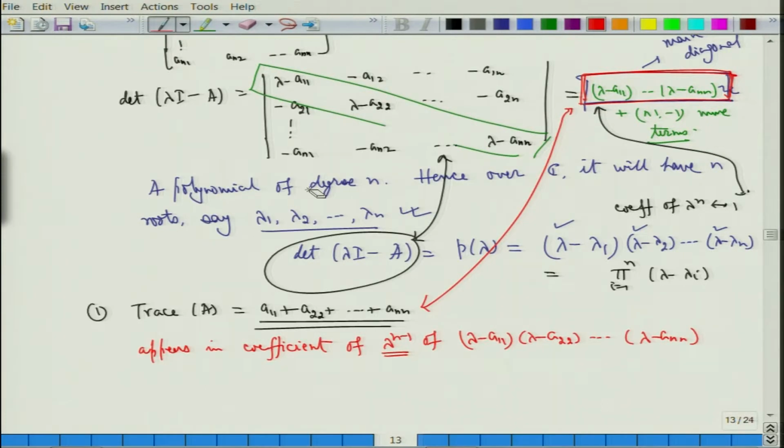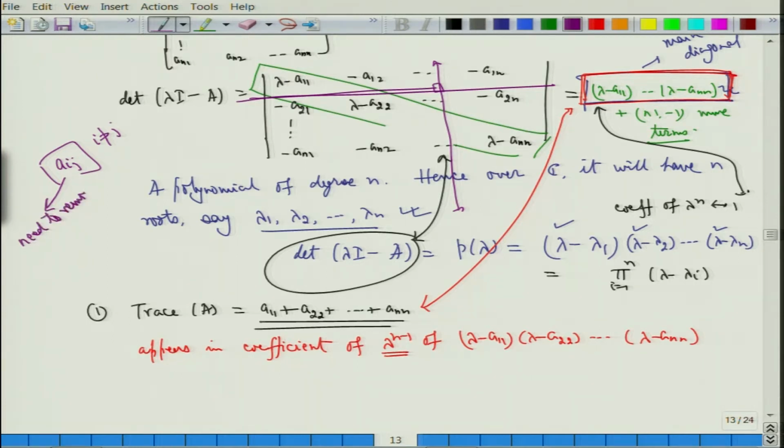So, as soon as I look at any other term here, for example, if I want to look at any term here, then this tells me that I will have to remove this row and I will have to remove this column. This is what the determinant was. Determinant means if I am looking at a term aij, i not equal to j, it means that I need to remove the ith row and jth column.